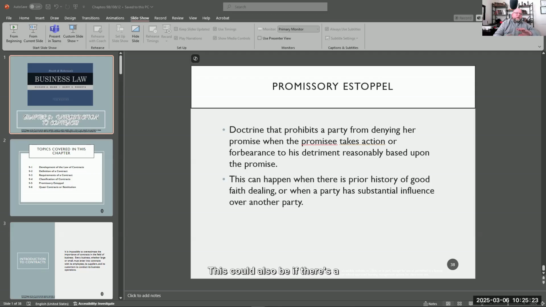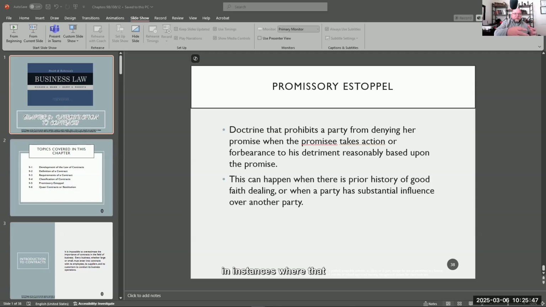This could also be if there's a prior history of good faith dealing between the parties. You've never had a problem with that person not fulfilling their promise, and so you automatically assume, well, this is going to be a valid contract that we're in, and we're going to do what we should do between us. They're going to do what they need to do, I'm going to do what I need to do. It's going to be the same way it's always been.